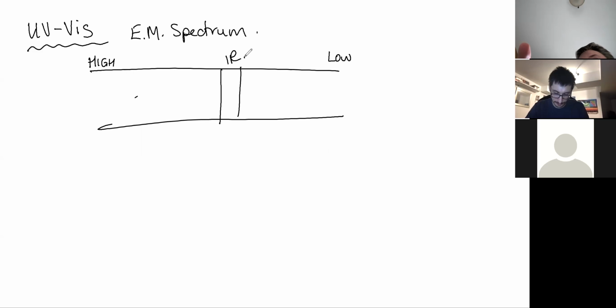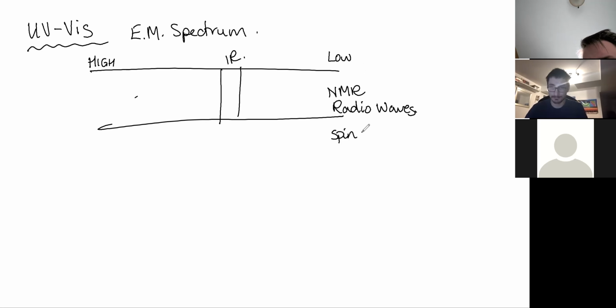And then there was low energy, and NMR was over here, with the radio waves. So with NMR, of course, we are changing the spin of a nuclei.